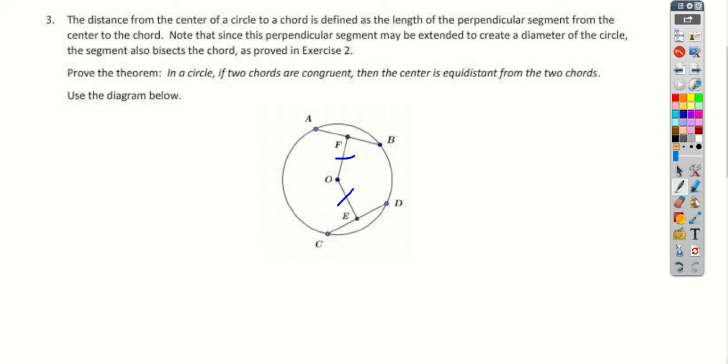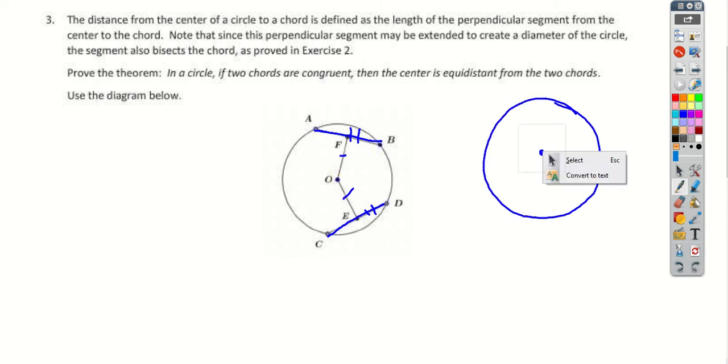So theorem: if two chords are congruent, then they're equidistant from the center. So if these two chords are congruent, then that means they have to be the same distance away from the center. Think about this for a second. Let's say I take a circle and draw a chord. What happens if I move this chord towards the center of the circle?